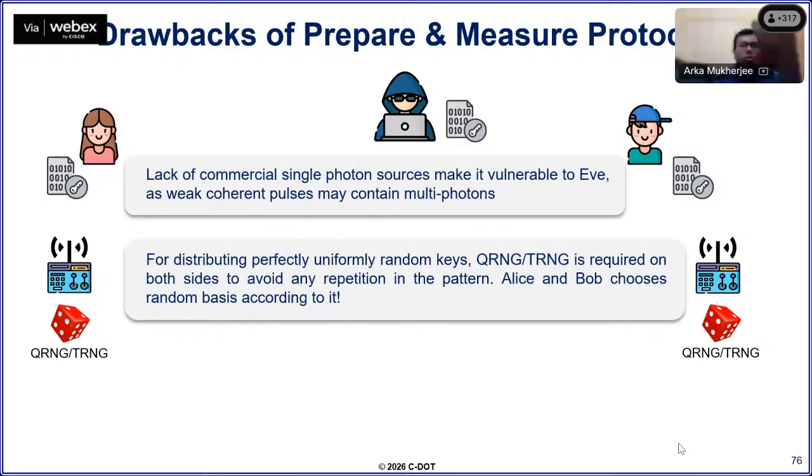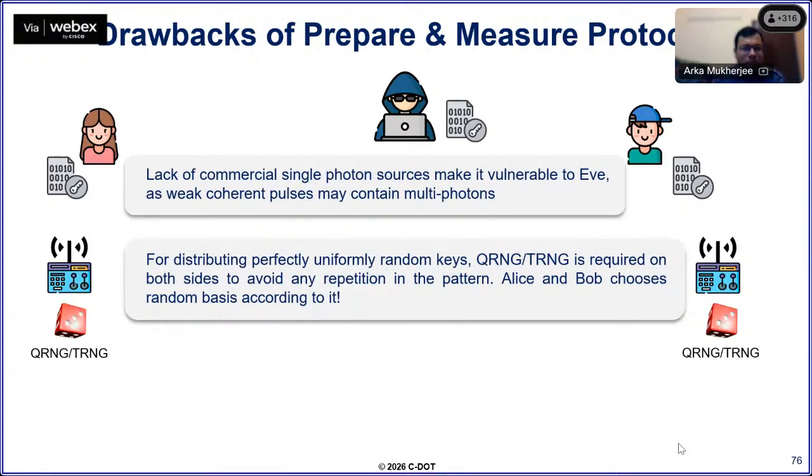Again, you have seen that we are using a random number source in Alice. This random number source is used to generate the states. Based on it, we use either phase modulation, or in the current one it decides the time slots, or in BB84 it decides the polarization value. So this random number source is required.